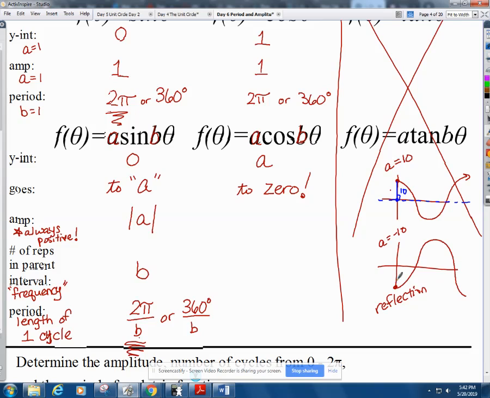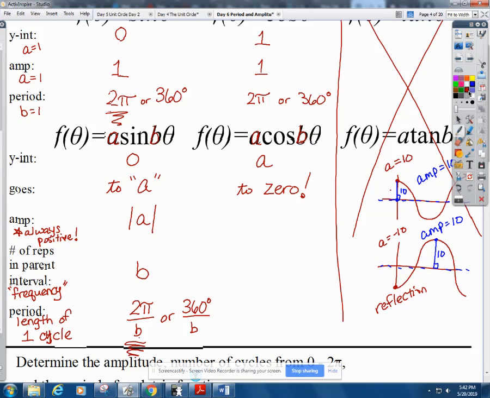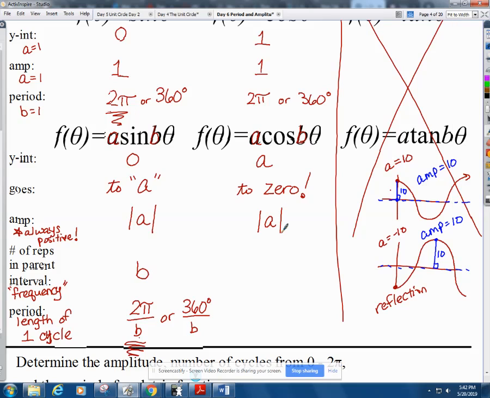And even if A is negative, you go from the midline to the highest point, which would be over here now, but it'd still be 10. So both of these, even though A is 10 and negative 10, both of them have an amplitude of 10. So again, the amplitude is the absolute value of A.